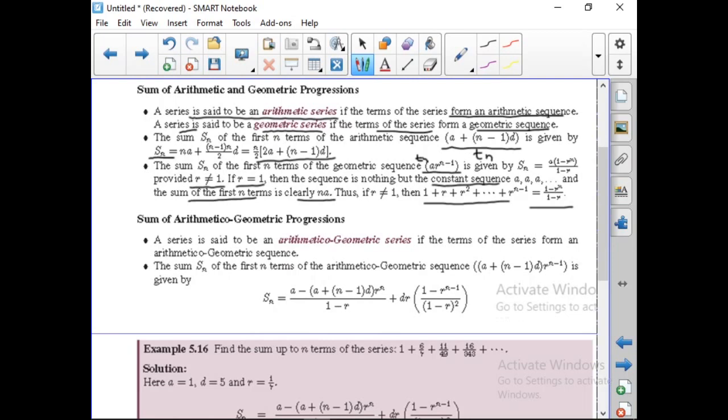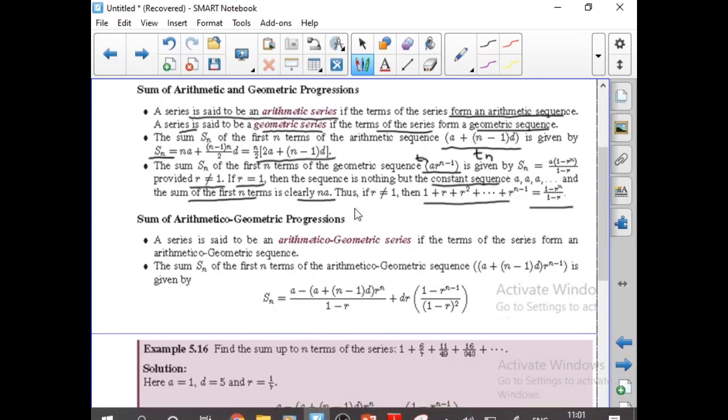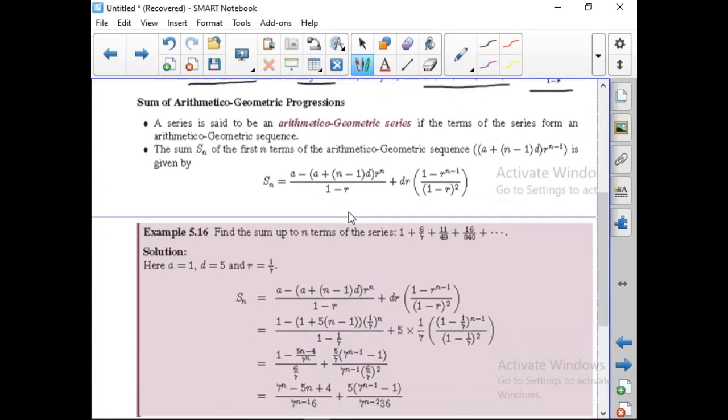Next, we are going to learn a new progression, that is arithmetico-geometric progression.